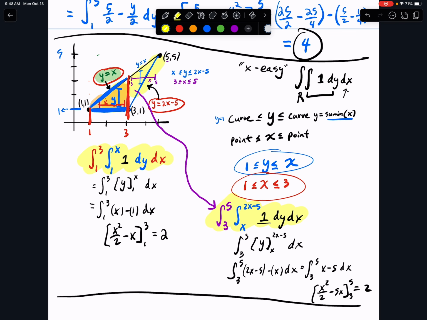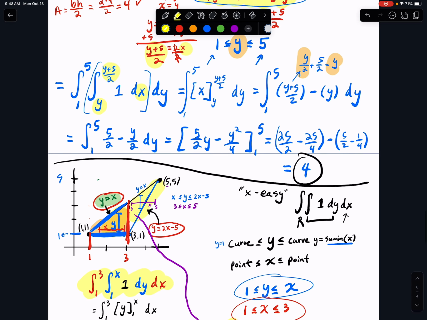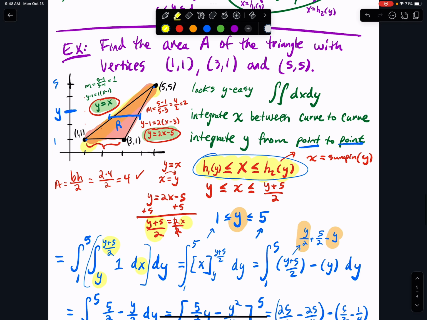You could have done it in half the time if you chose the correct method. In this case, y easy gets the whole thing with one iterated integral.